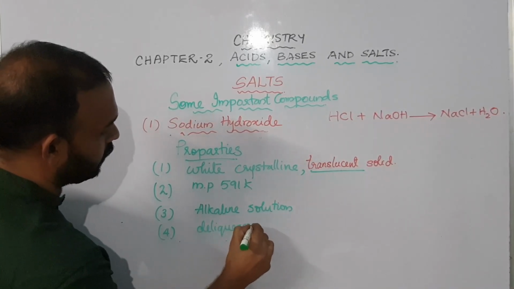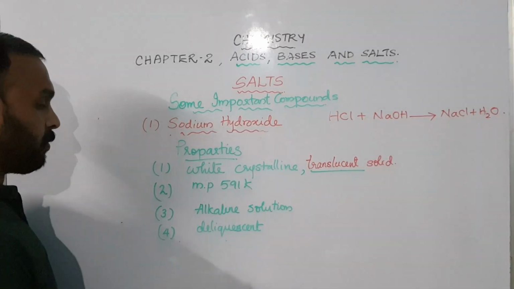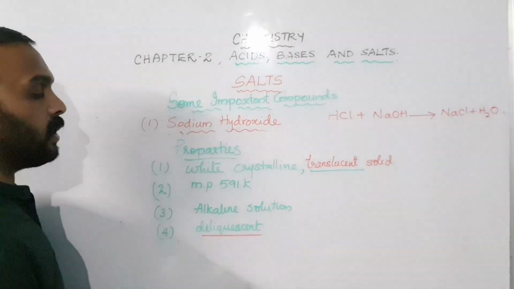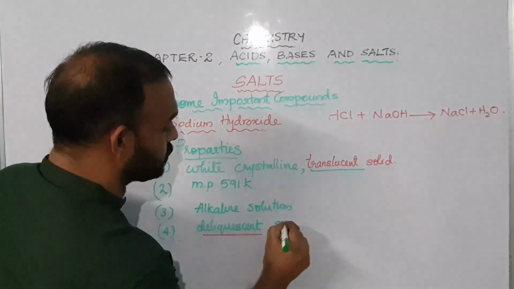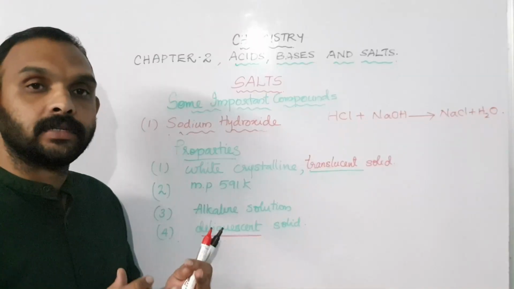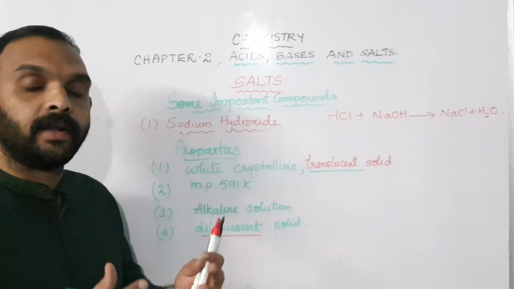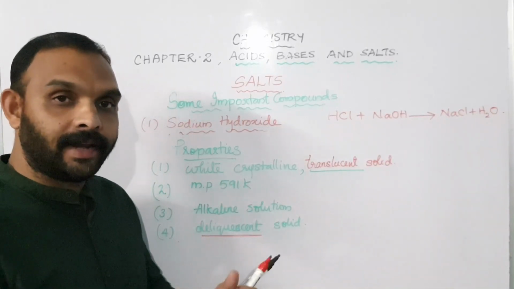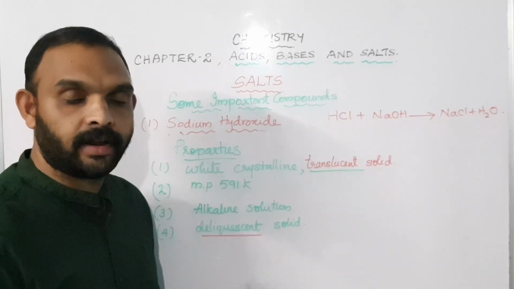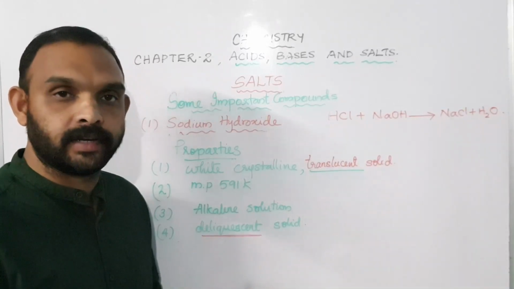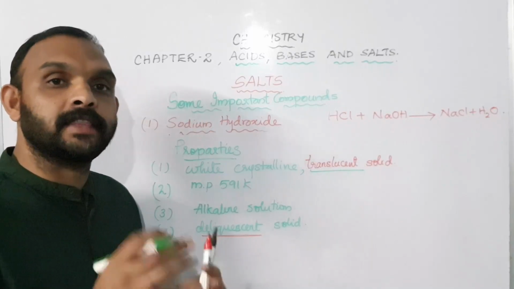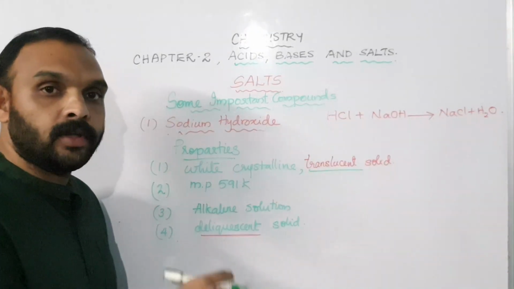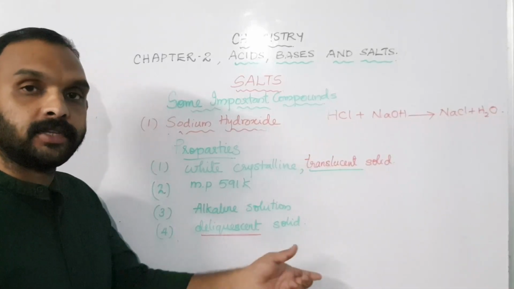What is meant by deliquescent? Deliquescent solid means if you kept caustic soda open in air, it will absorb the moisture from air and will get wet, or we can say that it will get hydrated. Okay. So that property is known as deliquescent. So caustic soda is a deliquescent solid.